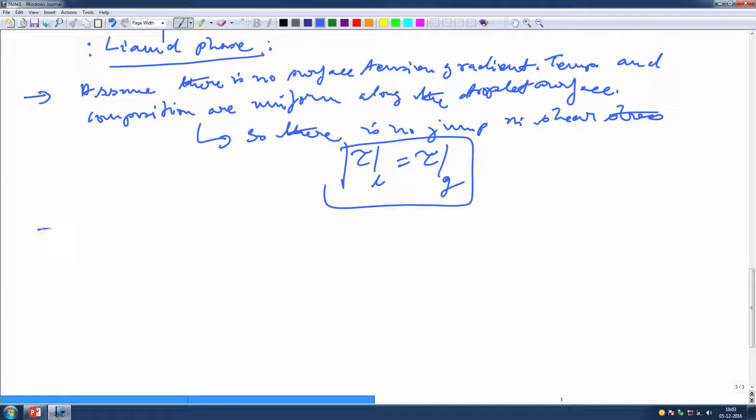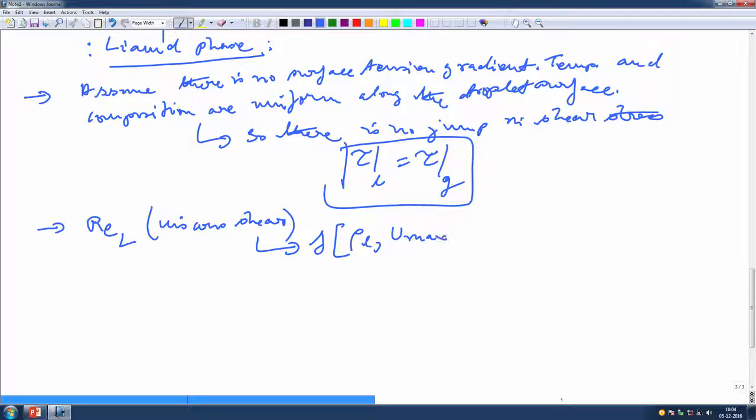Now, another thing that we mentioned earlier, and I will continue to reiterate, is that the Reynolds number in the liquid phase is mainly due to viscous shear. It is due to the friction between the droplet and the flow. This is a function of rho L, U max, the maximum velocity of the liquid phase, and mu L, the liquid phase viscosity. This should be much greater, or it should not always be much greater.